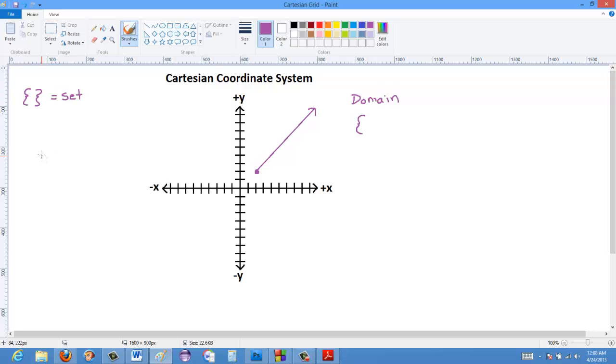It means that we're going to talk about a set. A vertical line means such that. And as I said before, this E means element of.